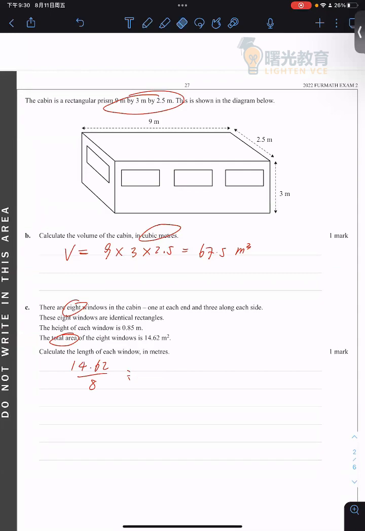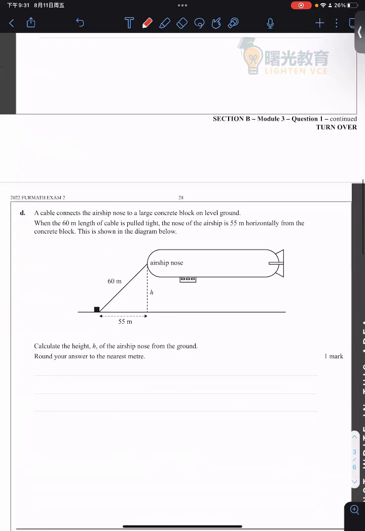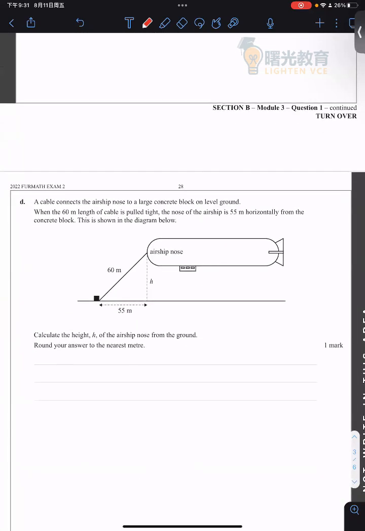This is how we do it, okay? Most students make a mistake by forgetting about the total area. And finally, we would have the answer is 2.15 meters. Unit again.